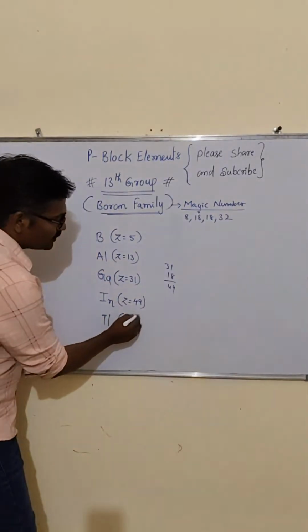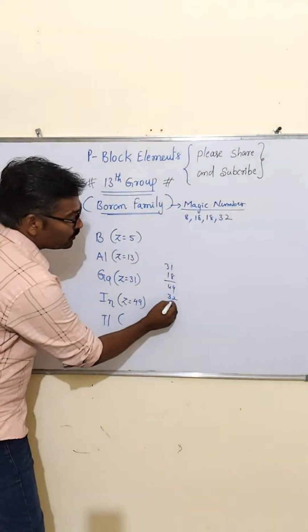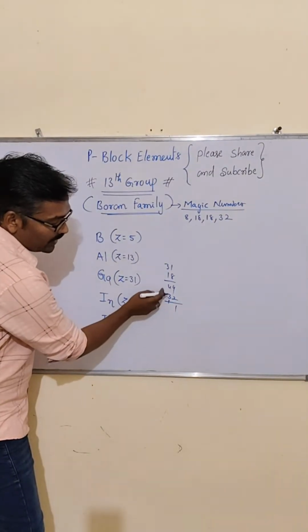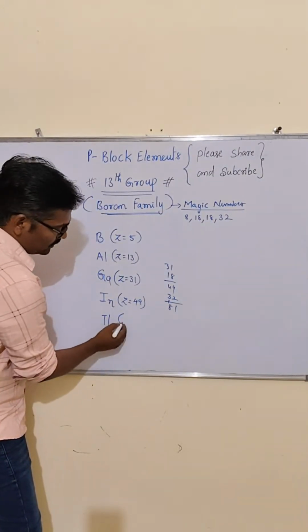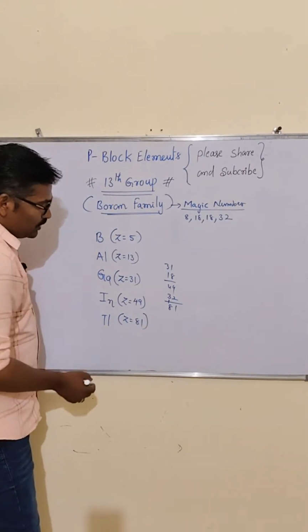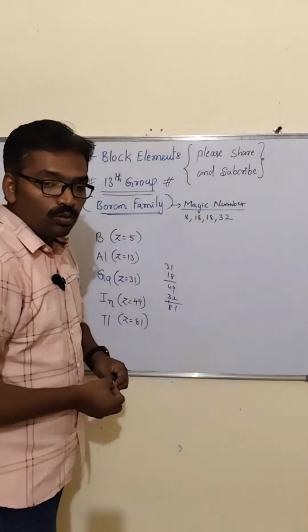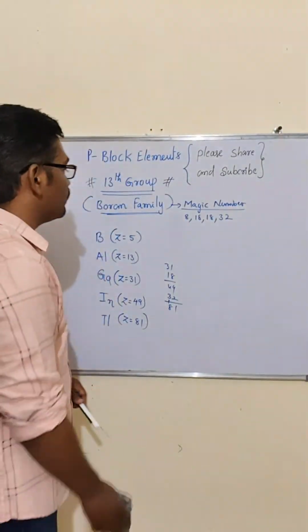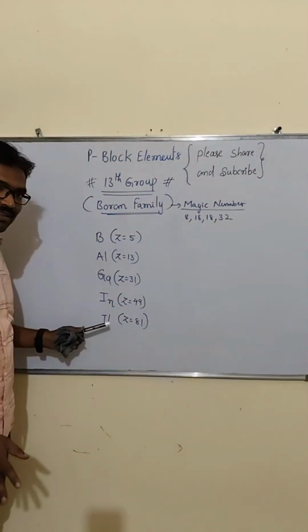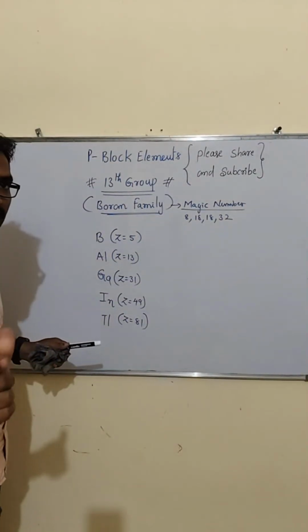Then thallium: 49 plus 32 gives 81. So these are the 13th group elements, or the boron family. Understand, my dear students?